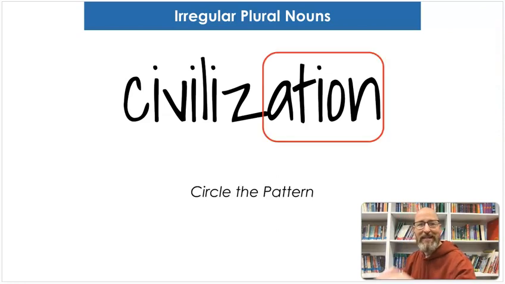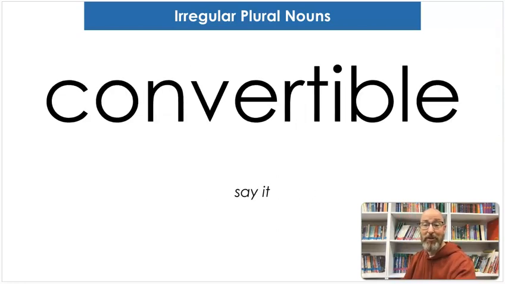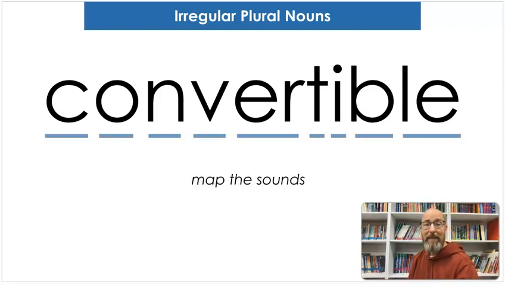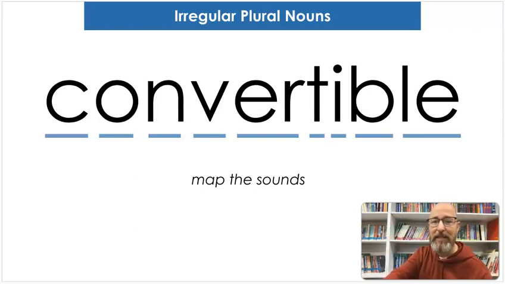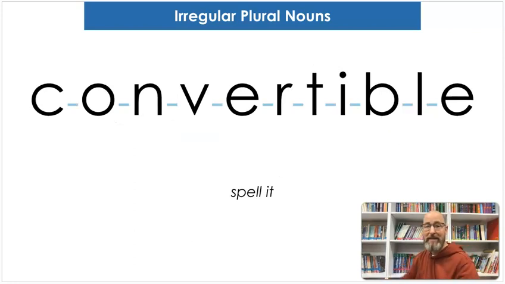All right, our next one is, and we did circulation already, convertible. Say convertible. Map the sounds. Convertible. You may have seen a convertible car. Spell it. C-O-N-V-E-R-T-I-B-L-E.